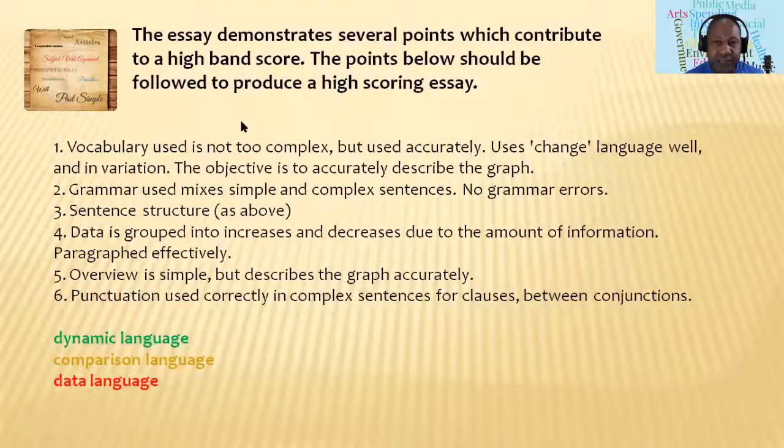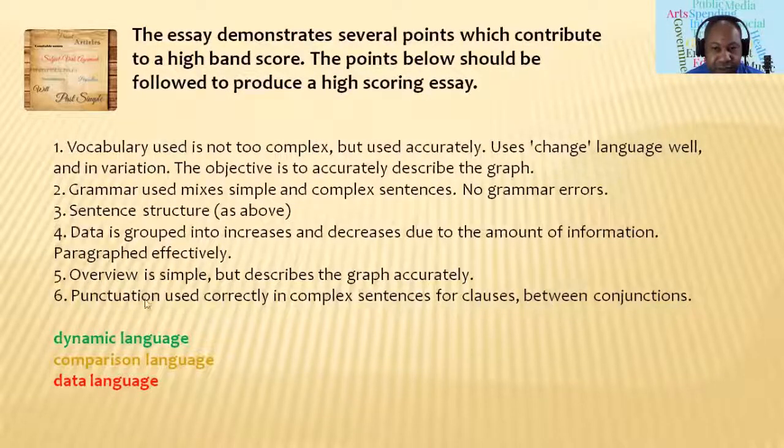Okay, this essay demonstrates several points which contribute to a high band score. The points below should be followed to produce a high-scoring essay. The vocabulary used is not too complex, but is used accurately. Change language is used well and in variation.